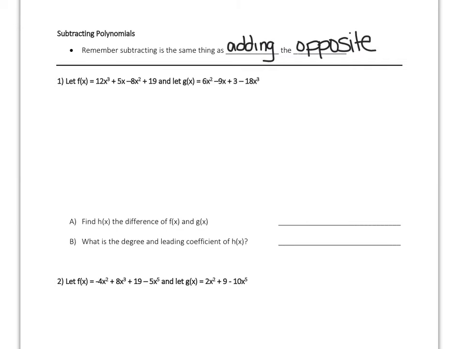Okay, so let's see. For number 1, part A, it says find h of x. The difference, again, remember difference means subtraction. So find the difference of f of x and g of x. So I have these two things that I would like to subtract. So we'll use parentheses, just like before.